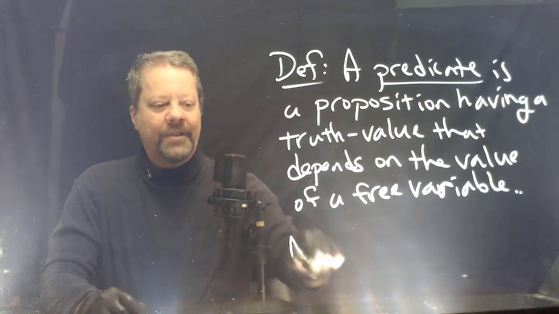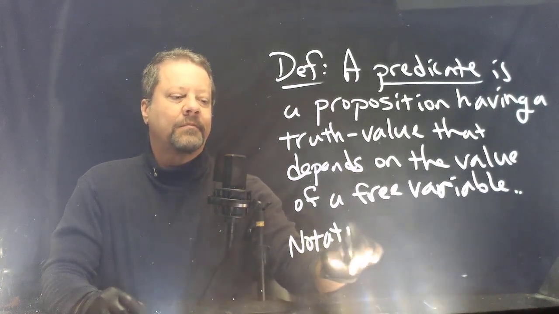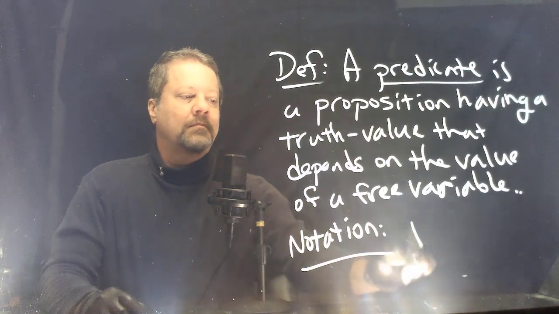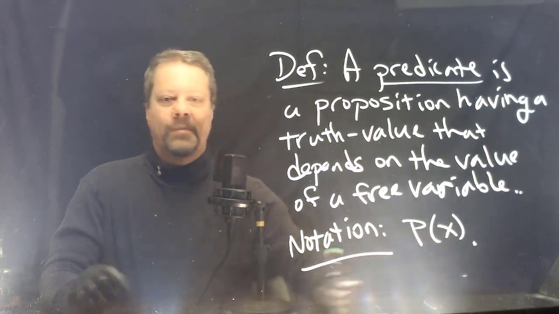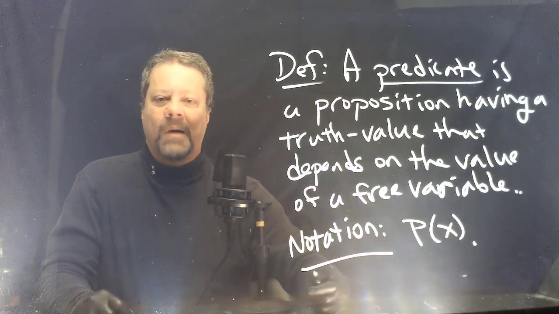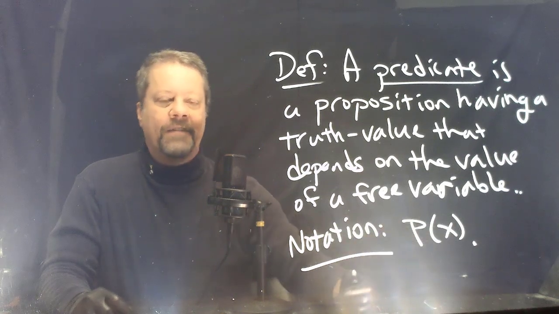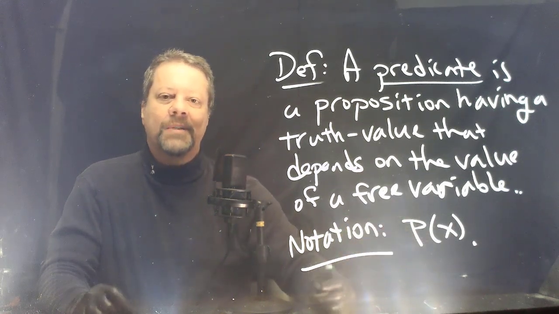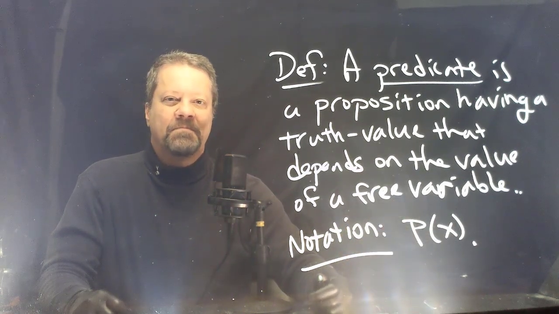And of course our notation will be p of x. The proposition will be a function of whatever the value of x is that you plug into this particular proposition.